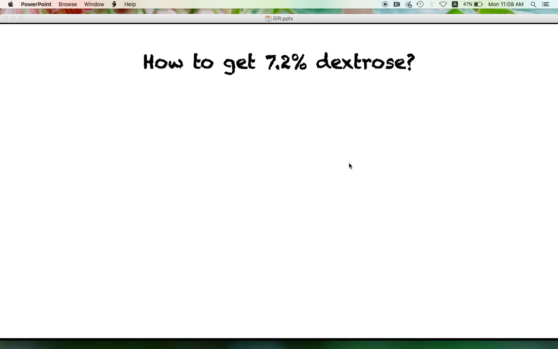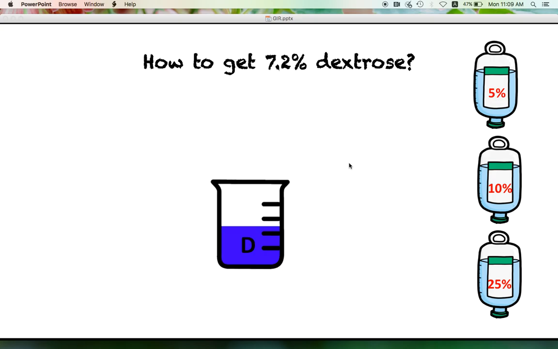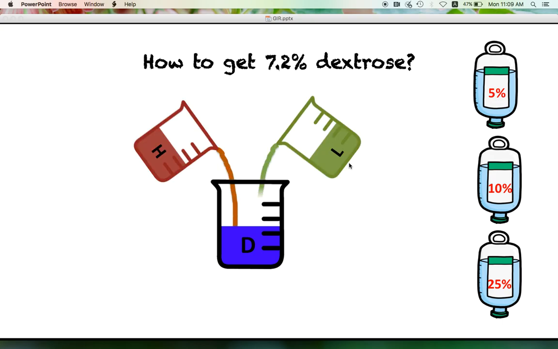Now the question is how to get this 7.2%, because commercially available dextrose comes only in concentrations of 5%, 10% or 25%. So obviously we need to mix these available dextrose concentrations to get the desired concentration. In other words, to get a desired dextrose concentration, D, you need to mix one higher and one lower concentration of dextrose together.